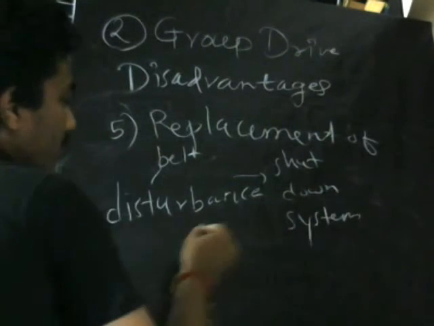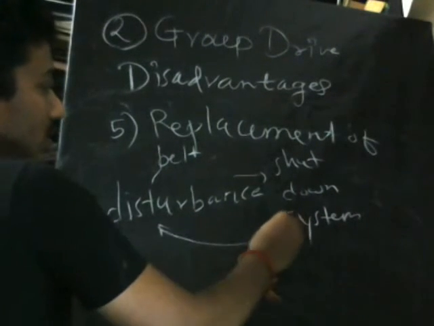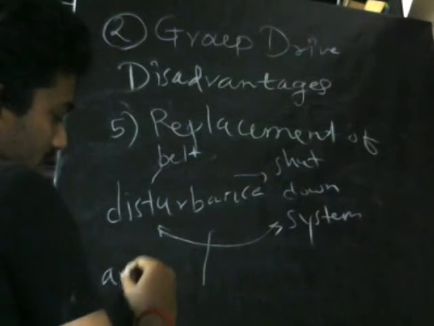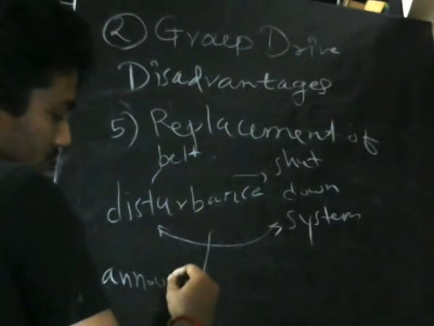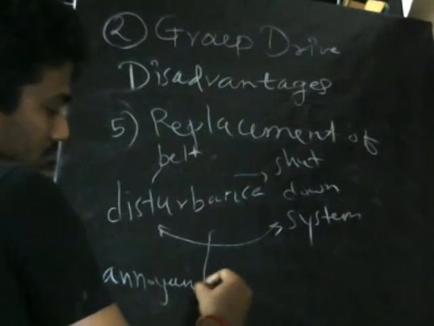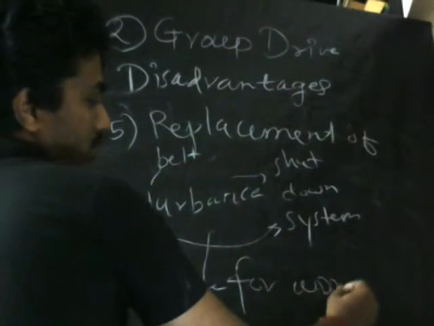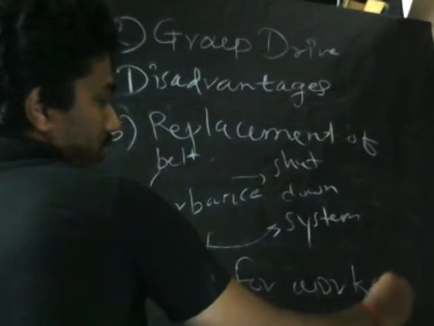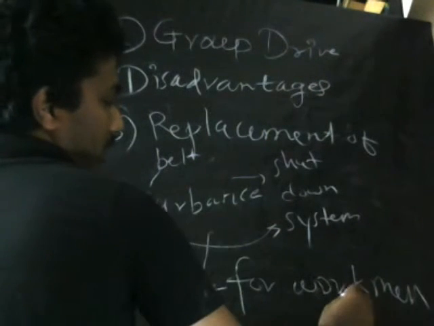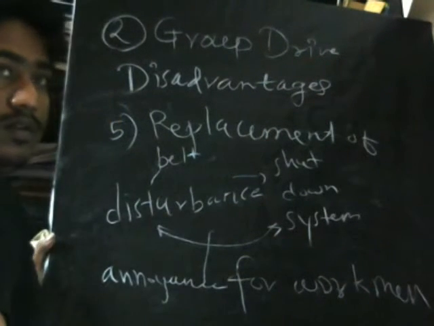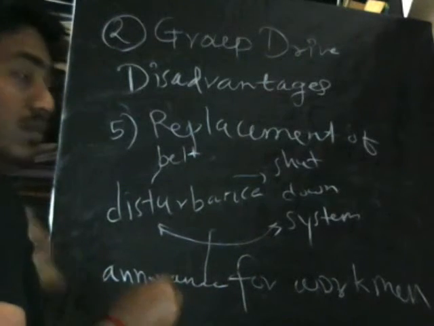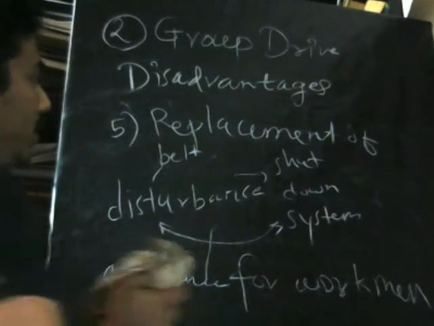And so it becomes a disturbance, and shutdown becomes annoyance for workmen. Okay, so this is our fifth disadvantage in case of group drive.